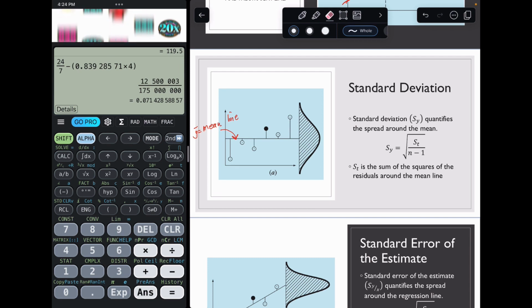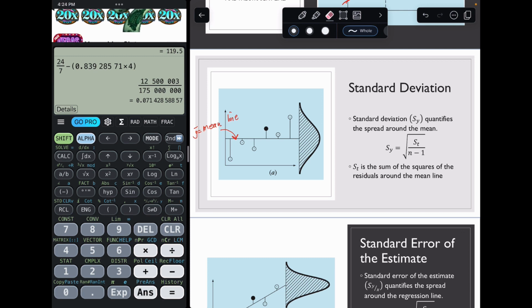We can compute the standard deviation S of y, which is equal to the square root of the sum of the squares of the residuals around the mean line. So we need to find S sub t, the sum of the squares of the residuals from the mean line.